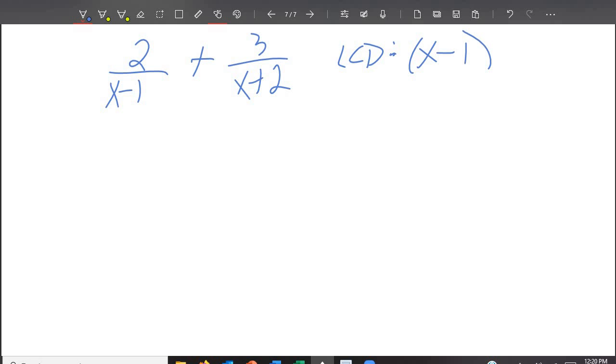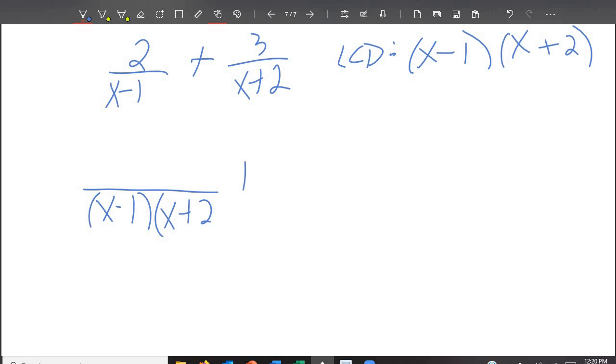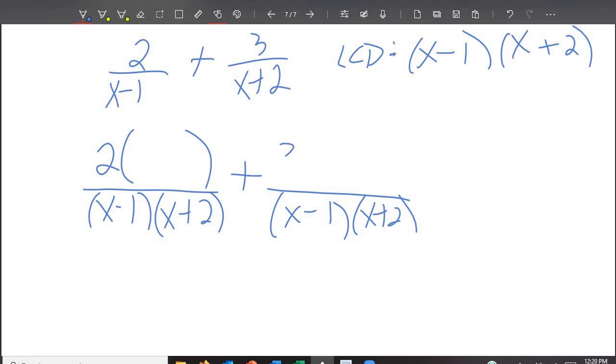My LCD will have an x minus 1 and it'll have an x plus 2 all at the same time. So we're going to rewrite these denominators. So now they both have 2 binomials. And we're also going to be multiplying the tops by something.